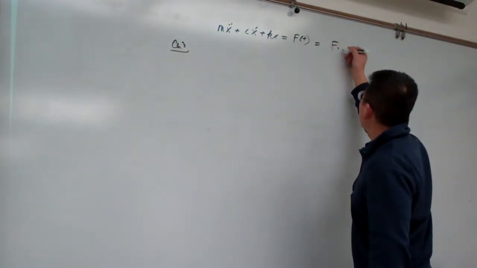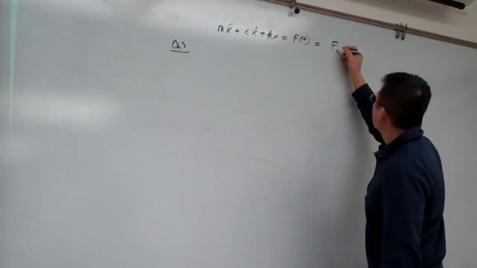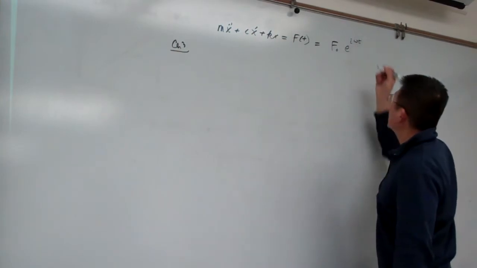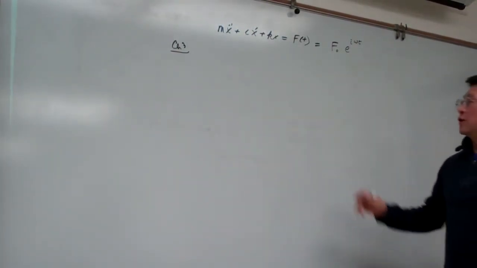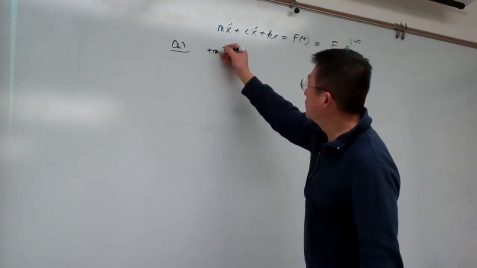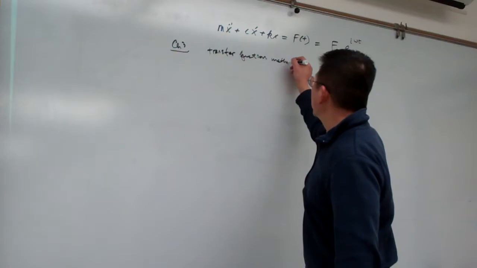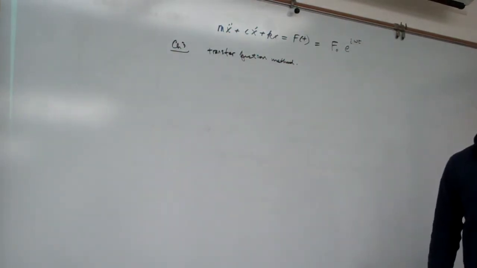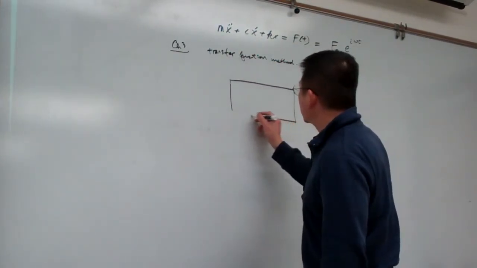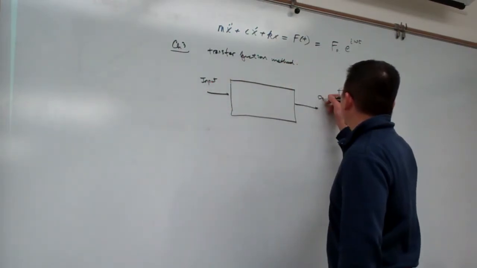For example, this is F now, F0 e^{i omega t}. So we're using the transfer function method to demonstrate the concept of linear combination, or linear superposition. The transfer function of the system is this. This is our input, and this is our output.